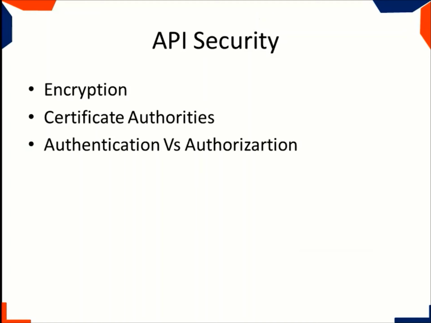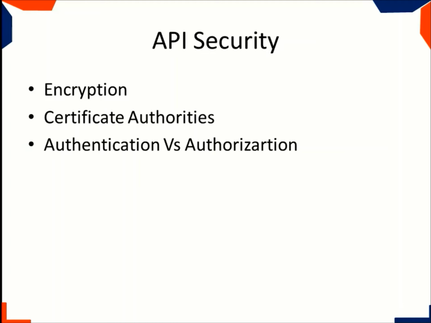Now, the most important part when it comes to APIs is security. For API security, we need to understand something called encryption. You need to understand something about the certificate authorities, and there is a basic understanding required of authentication versus authorization.